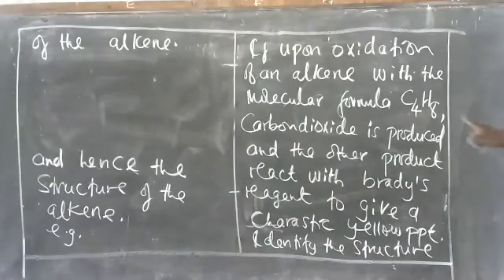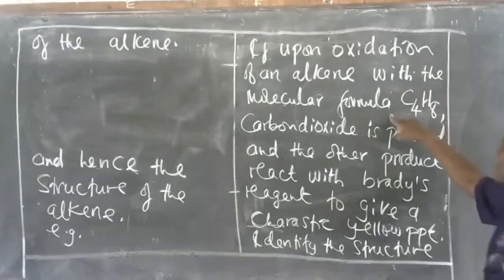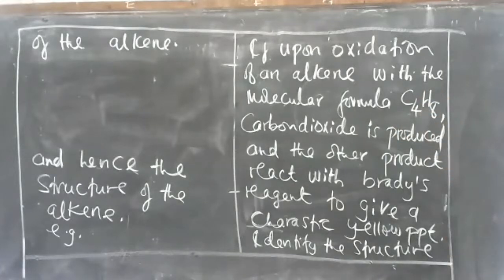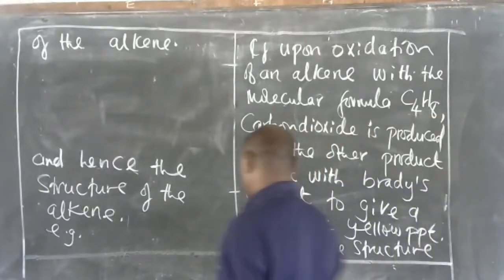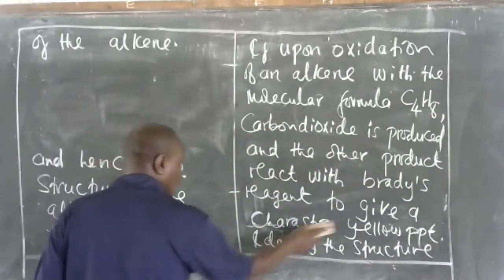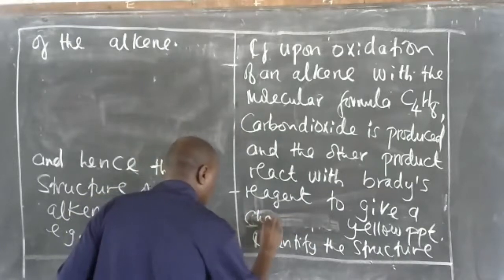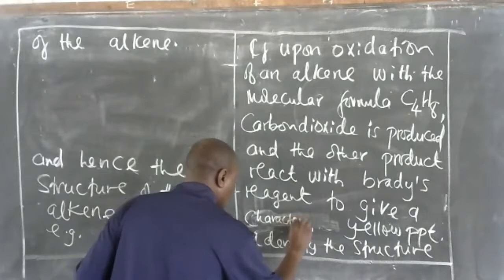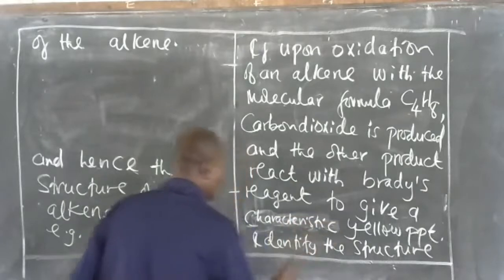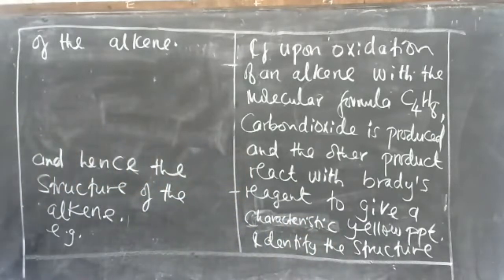If upon oxidation of an alkene with the molecular formula C4H8, carbon dioxide is produced, and the other product reacts with Brady's reagent to give a characteristic yellow precipitate, identify the structure of the alkene.